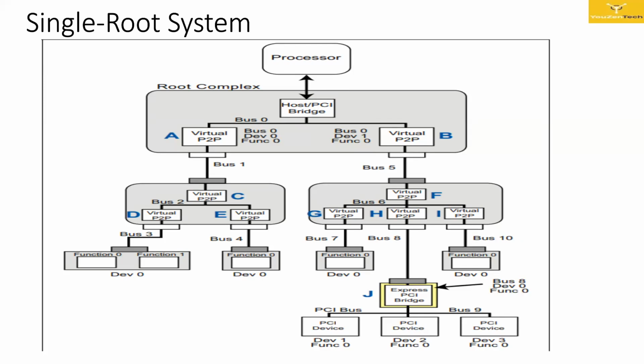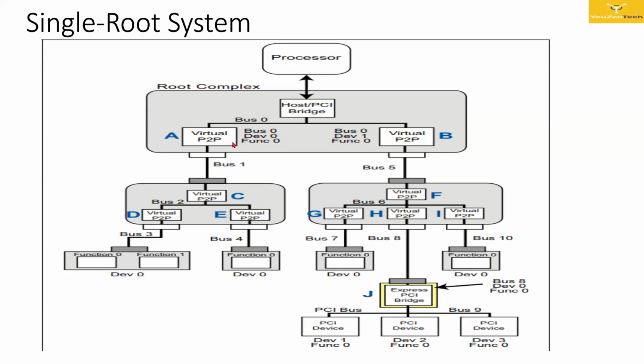Now the depth first search will go to bridge A. The configuration software comes and reads the vendor ID of this virtual bridge, and it sees that we have a valid vendor ID. It also reads the header type, and when it reads the header type it gets 1, so it knows that this is a bridge.